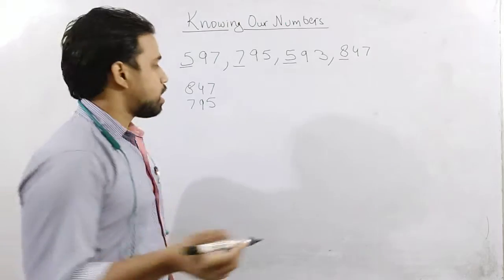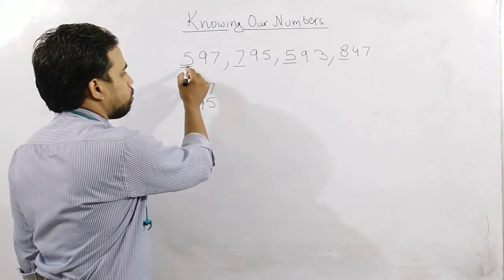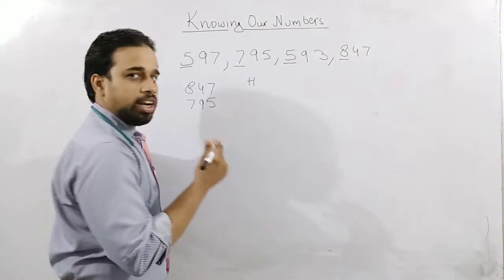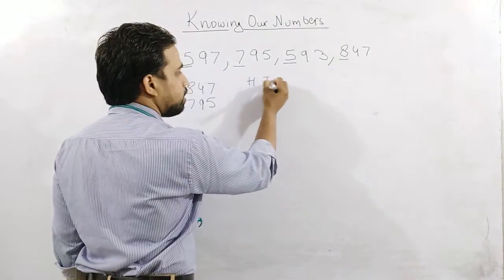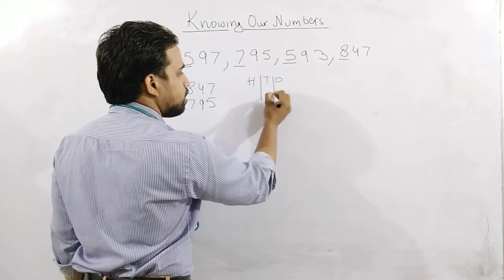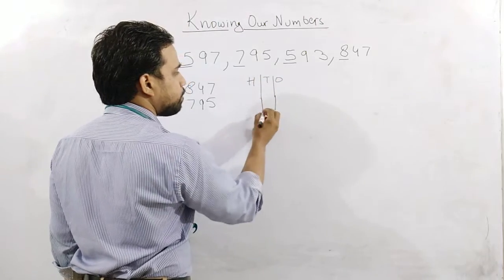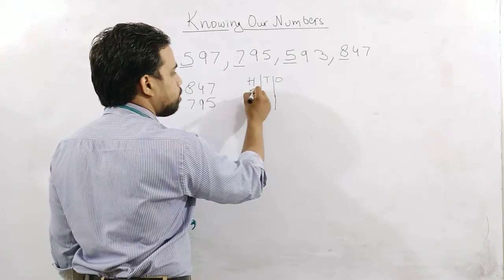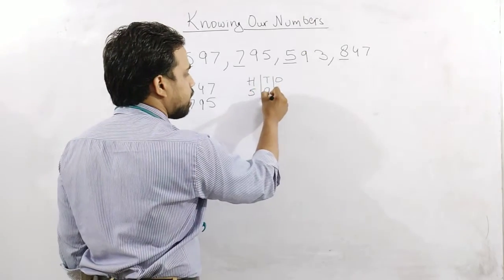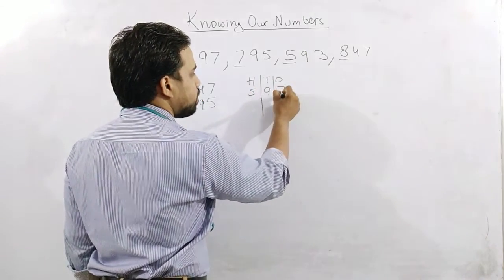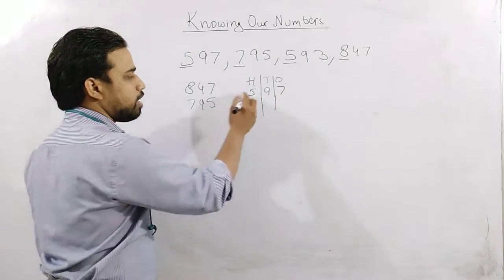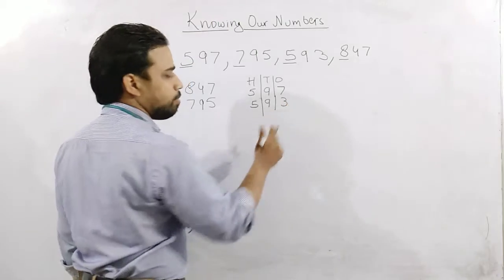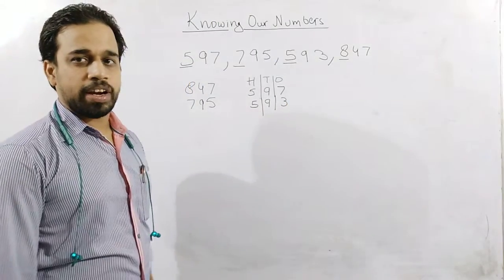In the hundred place, we can do it like this: hundreds, tens, ones, and we will divide the number. In the hundred place, if we write this number, the number is 5, in tens is 9, and in ones is 7, and the other number is 5, 9, and 3. Okay, I hope you are getting this.